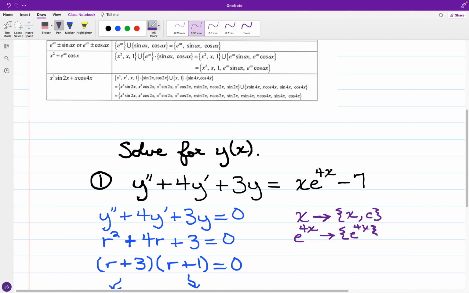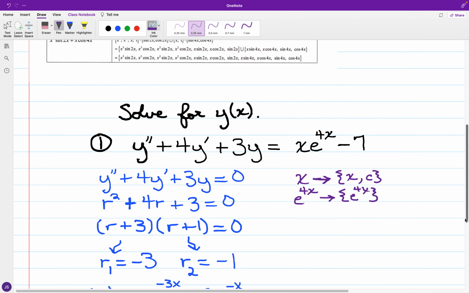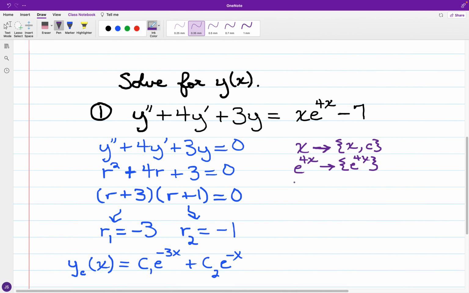Now, in the equation we don't have just a standalone x or a standalone e to the 4x. Once again, I'm looking at x times e raised to the 4x. So we're looking at the interaction between what we have in the families of derivatives.